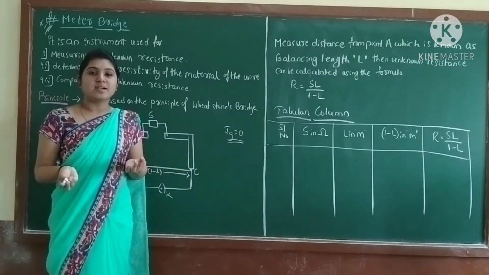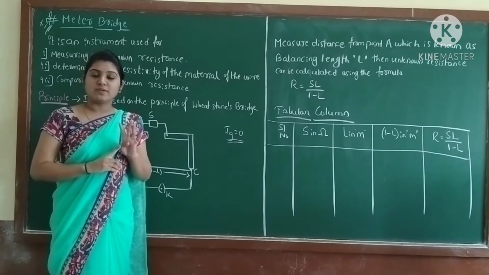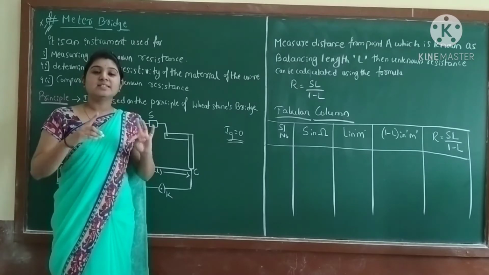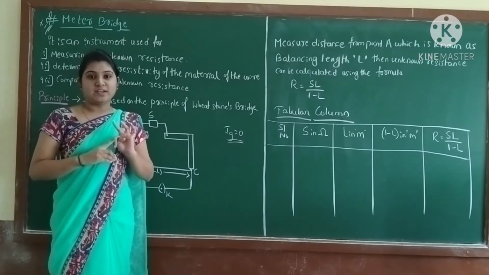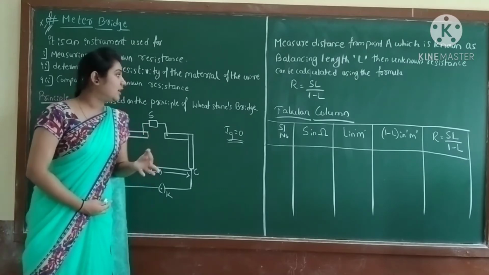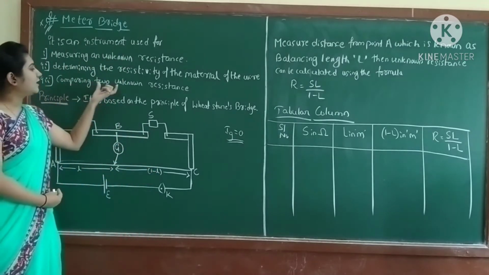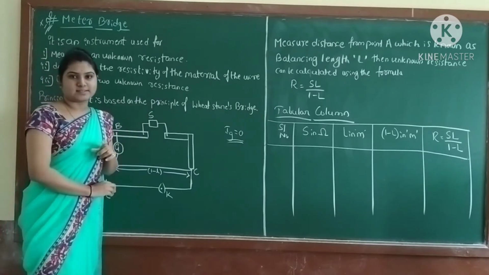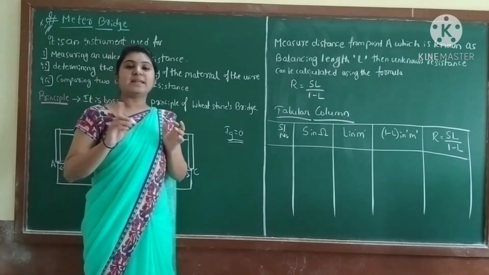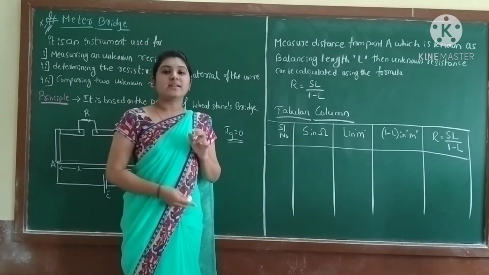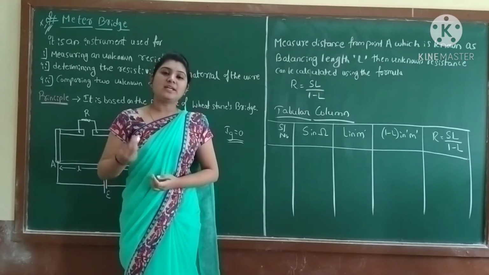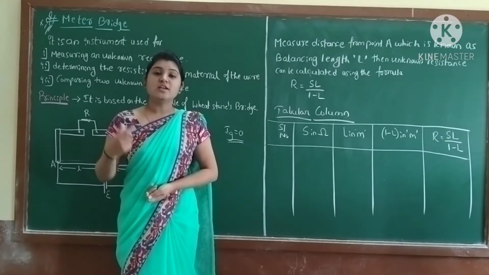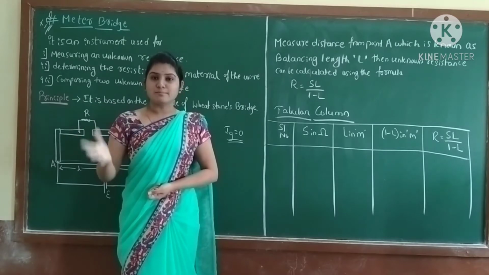So first we calculate resistance, second the resistivity. Then third one is comparing two unknown resistances. That we can also measure with the help of the meter bridge.